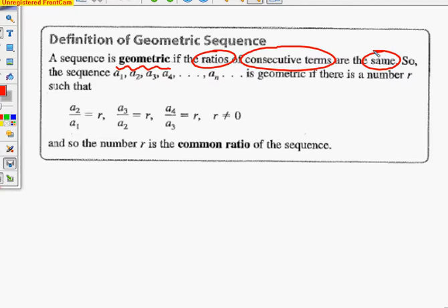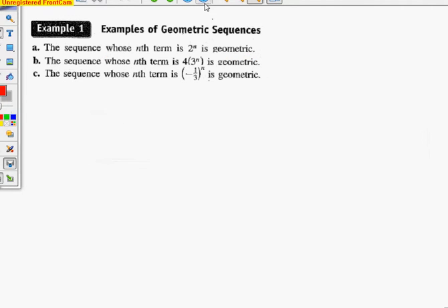If you have a sequence, a sub 1, a sub 2, and so on, and you divide the farther term by the closer term, so a sub 2 divided by a sub 1, you get this ratio of r. And again, a sub 3 divided by a sub 2 gives you this common ratio of r. And that's what you're looking for, r. r is the common ratio. So that's what makes a sequence geometric, common ratio.